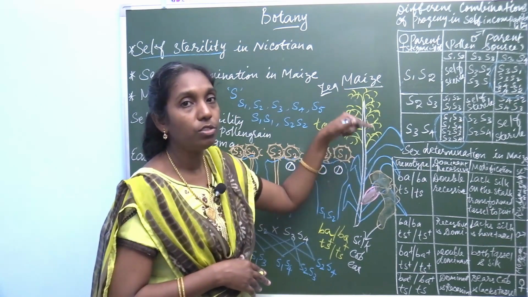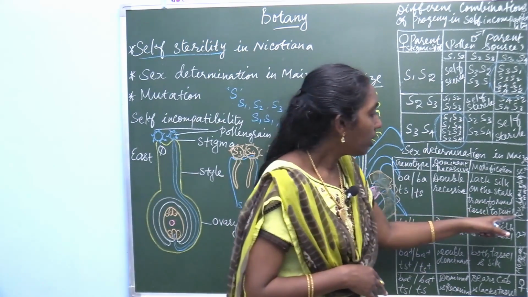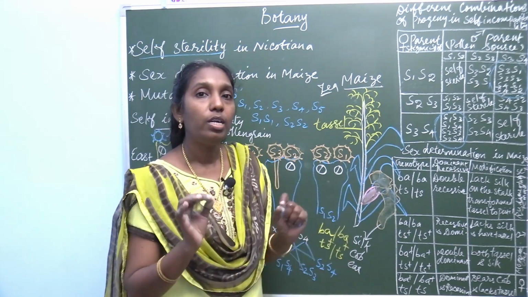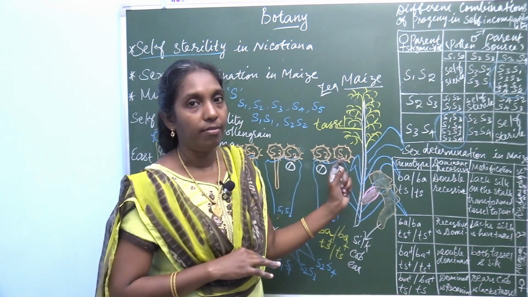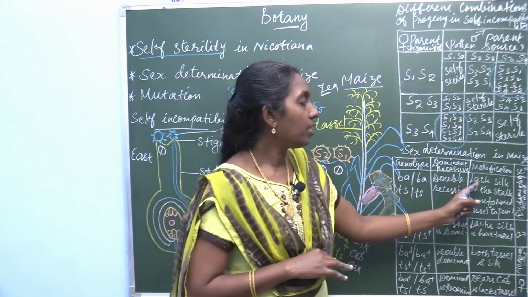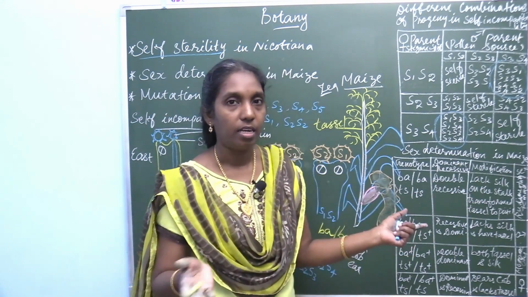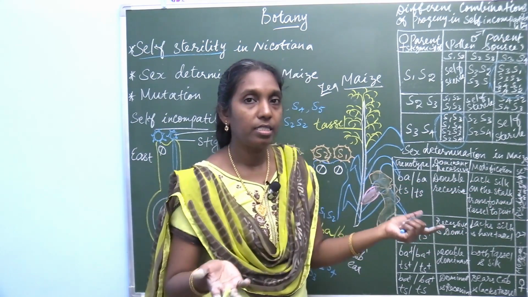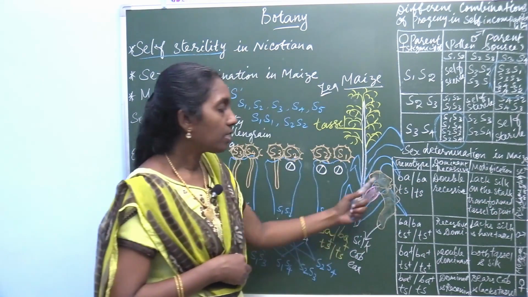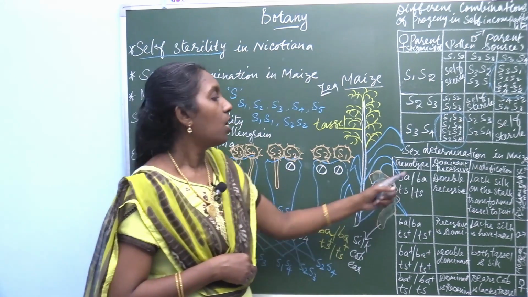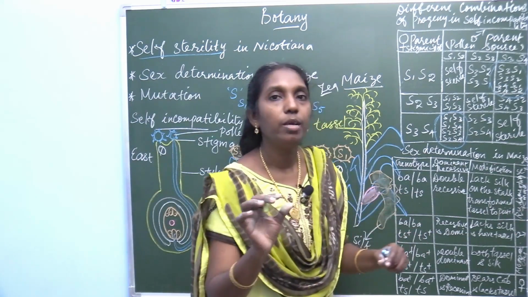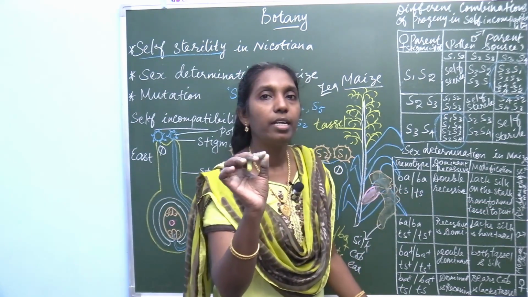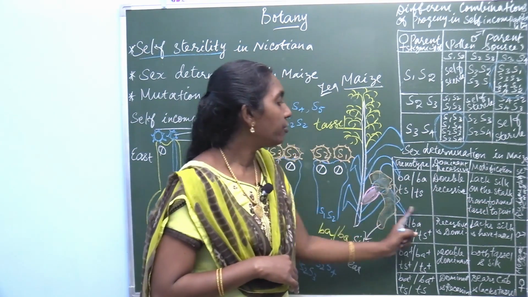Transformation of tassel to pistil. So it determines a rudimentary female. Because the silk is eliminated, it produces a rudimentary female. So sex is determined as rudimentary female in this genotype.